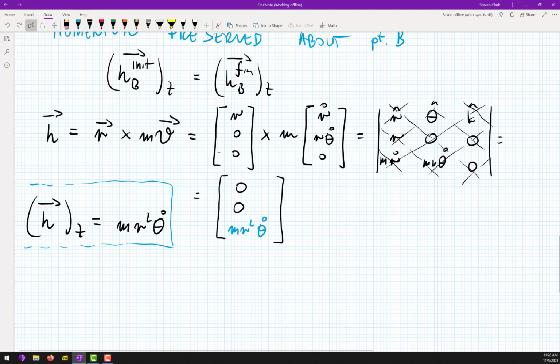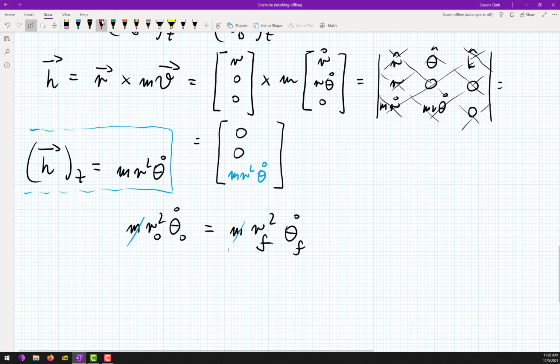Initially we had m r0 squared theta0 dot is equal to m r final squared theta final dot. The m's cancel out, and I think we would like to find theta final, yes?